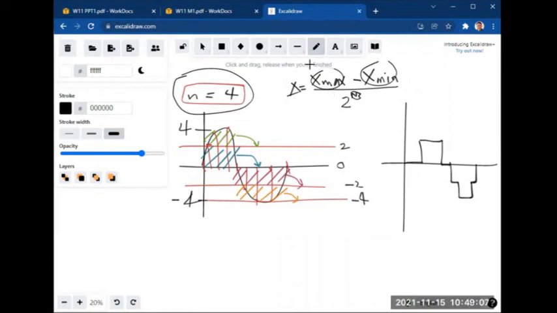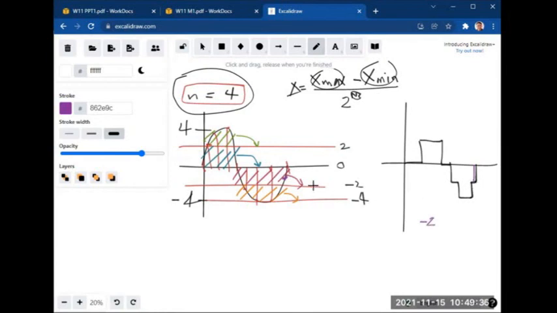Okay, what do we mean? For example, let's take this point here. Hopefully you can still see this one. Let's take the sample here. If we look at the digital signal, it will be somewhere around here. According to its quantized value, the value is -2.